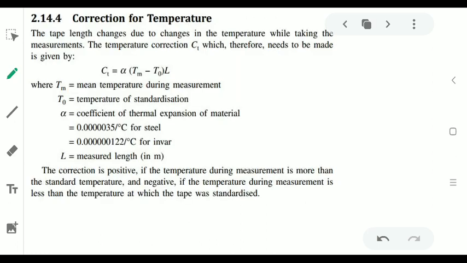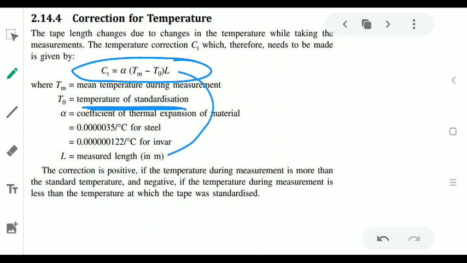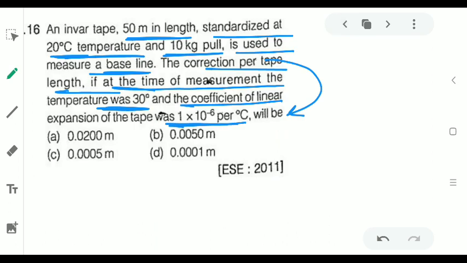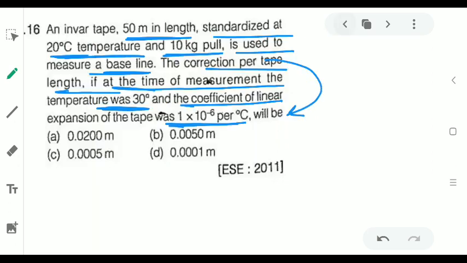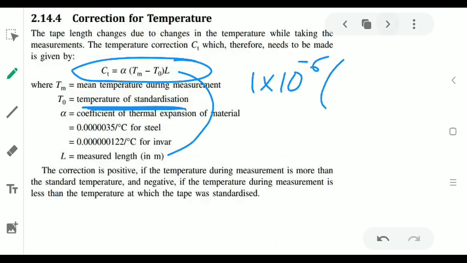So for temperature changes we have a correction formula, that is alpha into (Tm minus T naught) into L, where Tm is the mean temperature during the measurement while T naught is the standard temperature, that is the temperature at the time of standardization, while L is the measured length in meter. So all the values are given to you. The value of alpha is 1 into 10 to the power minus 6. Tm, the value given at the time of measurement, is 30 degree Celsius.